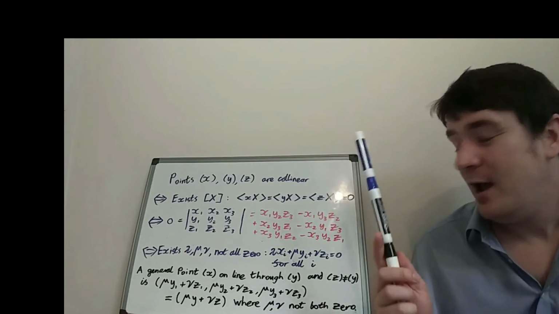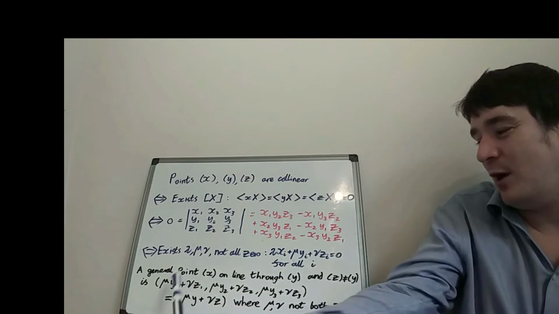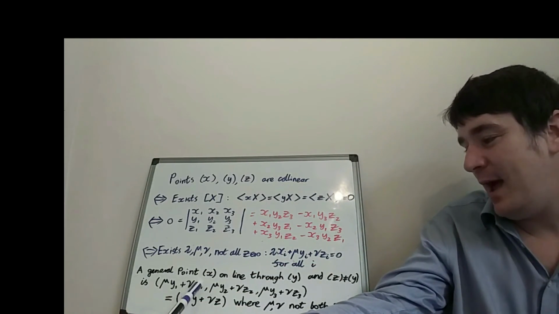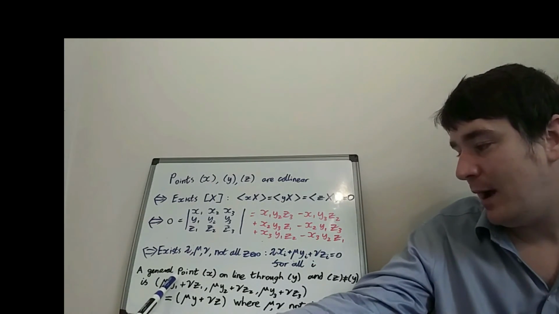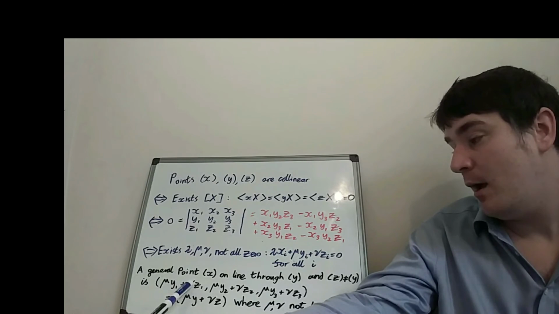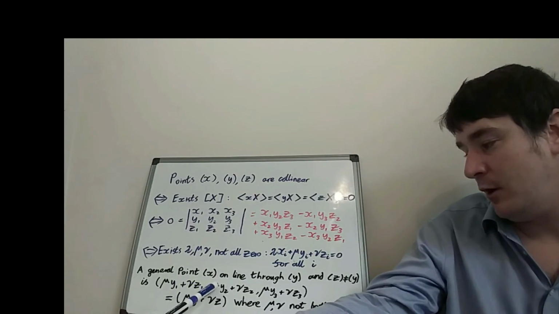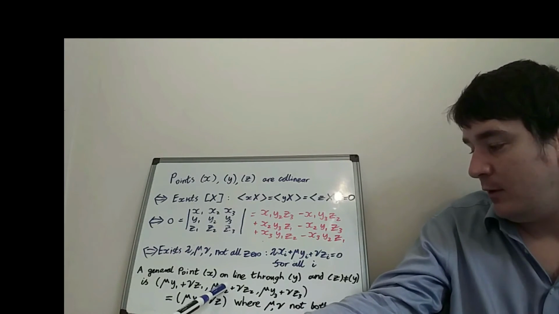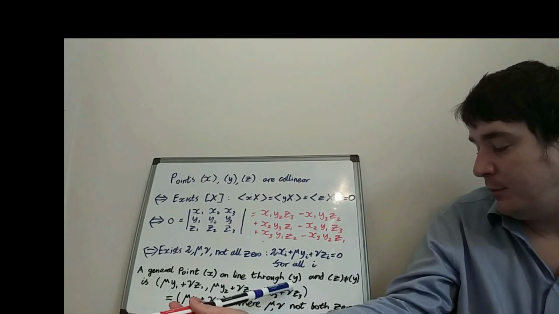with y and z can be written as mu y1 plus nu z1, comma, mu y2 plus nu z2, comma, mu y3 plus nu z3.